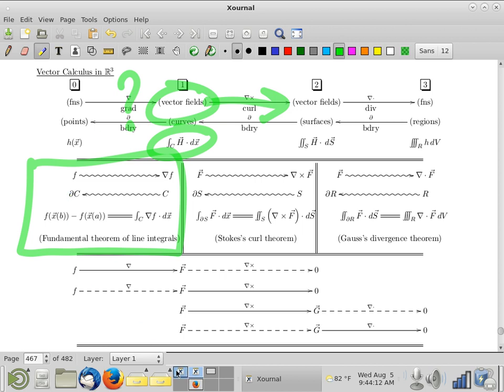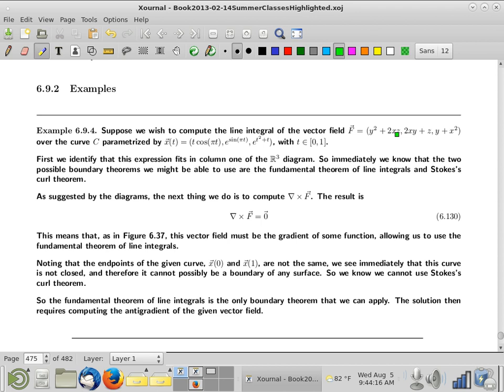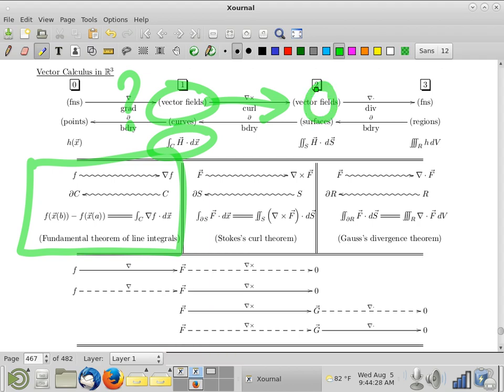Given this vector field, I compute the curl, and it turns out that the curl is 0. Curl being 0 means that there is an anti-gradient, and therefore I can use the fundamental theorem of line integrals. Is everybody on board?